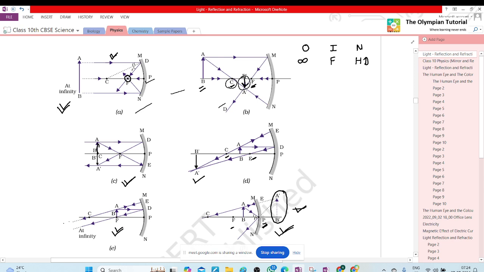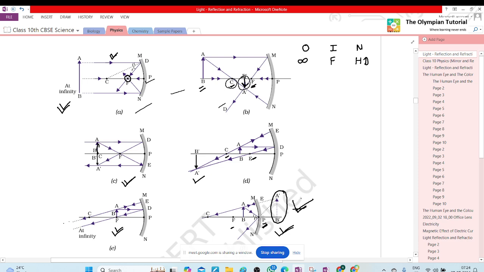Due to this case, dentists use concave mirror. Okay? Ma'am, when they ask to draw a diagram for uses of concave or convex mirror, I didn't know which diagram to draw. Is it always the last case? It depends. If they ask something related to the use of concave mirror, why dentists use this mirror?